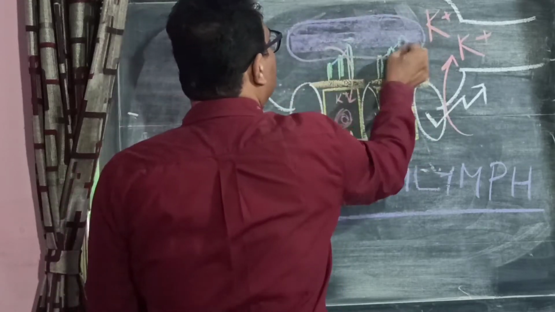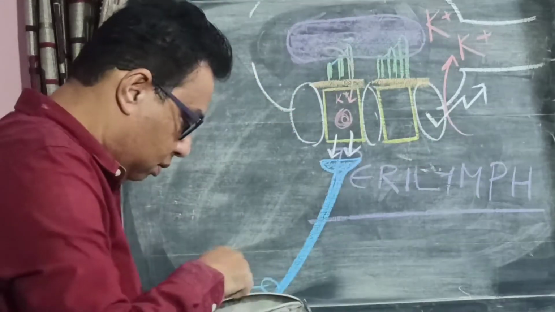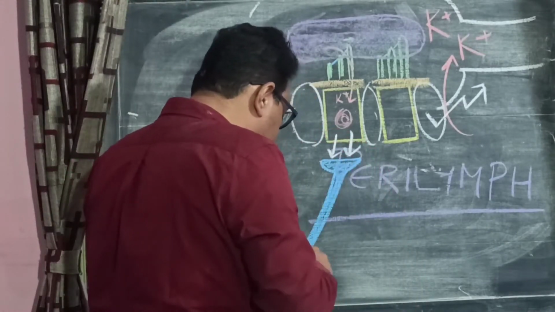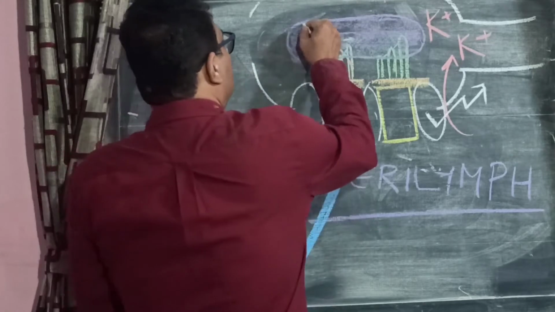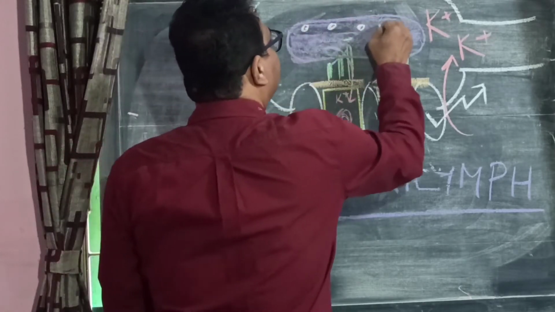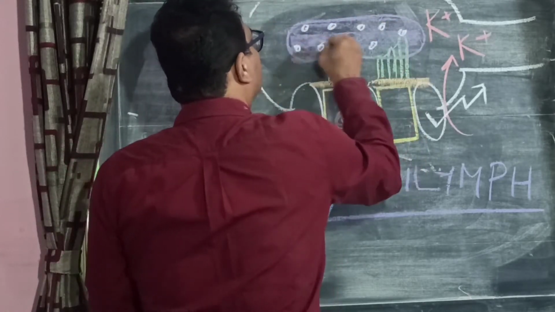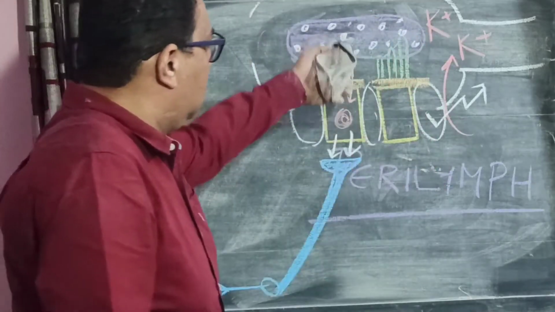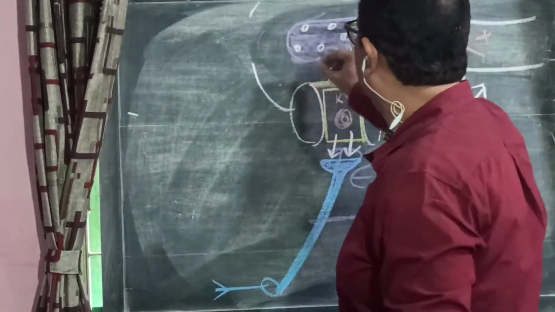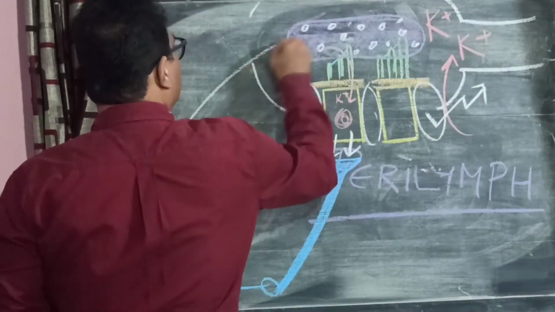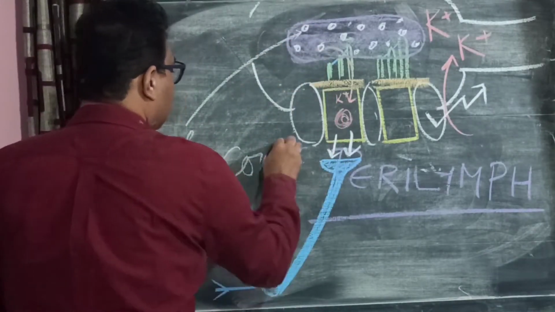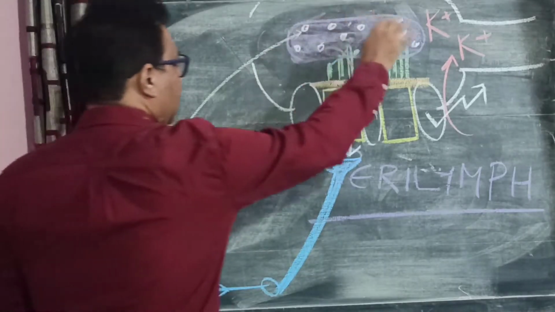More importantly and very interestingly, this gelatinous mass contains small stones. So this will confer some amount of inertia to the gelatinous mass. These stones are known as otoconia. This whole thing is the otoconia.